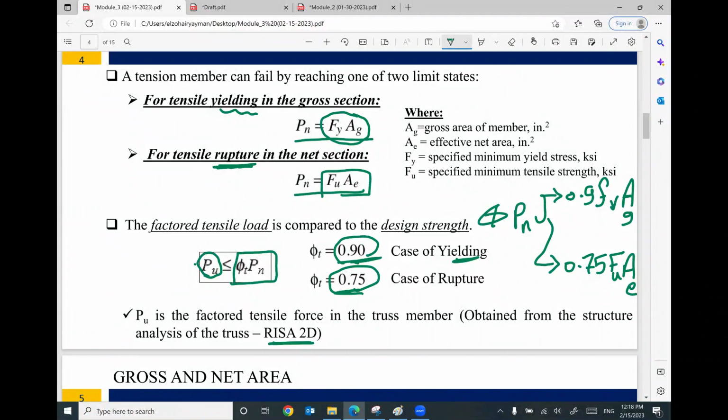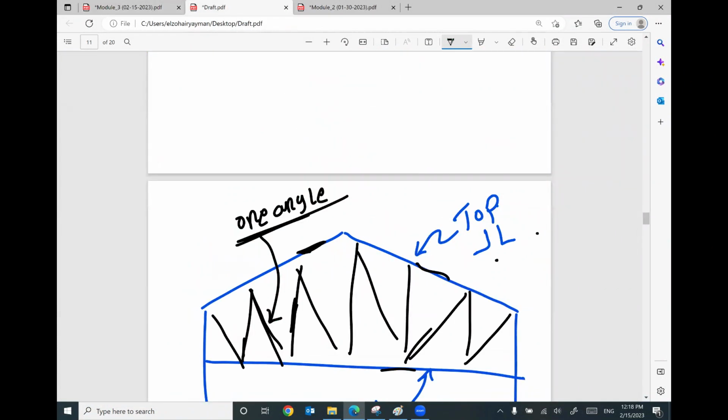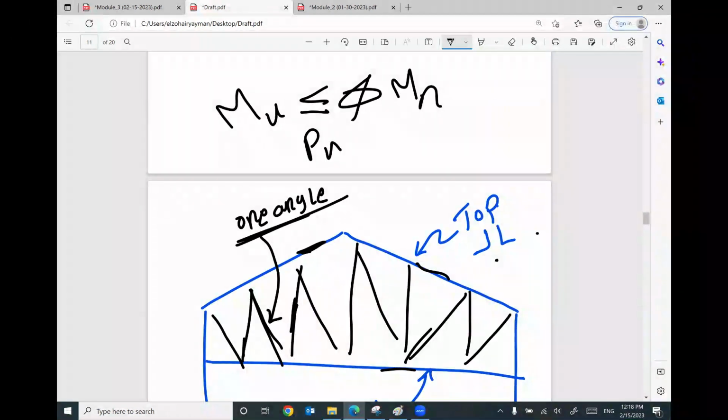I believe you are aware of this design philosophy before. If you remember, we learned that M ultimate must be smaller than or equal to phi Mn, the same philosophy. We learned also P ultimate must be smaller than or equal to phi Pn.